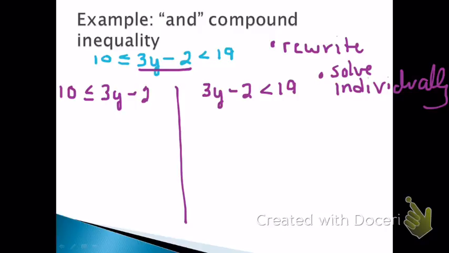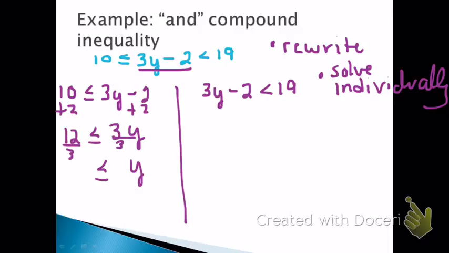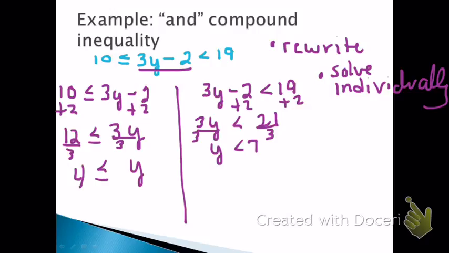So now you just have two problems like we did on the last learning target. And over here. So you essentially get two inequalities.